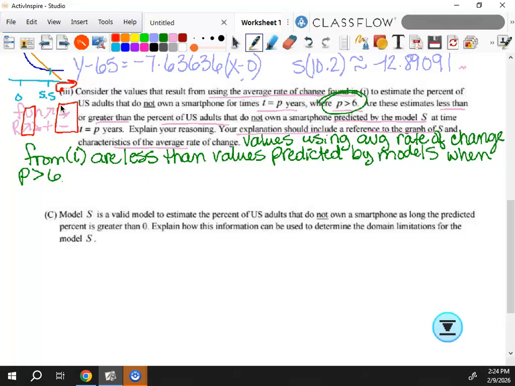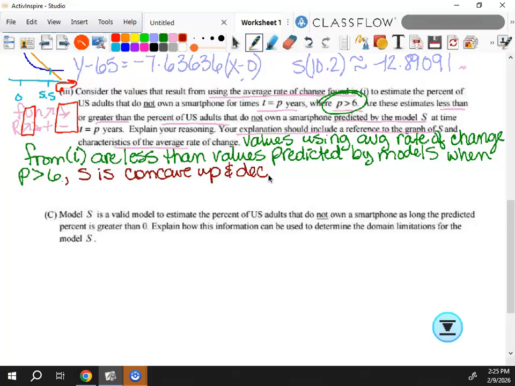It says I have to have a reference to the graph of S. So I said values using average rate of change from I are less than values predicted by model S when p is greater than 6. So then I'm going to say S is concave up and decreasing. Is S always concave up and decreasing? You sure about that? It is. So since it is, I don't have to have a clarifier.